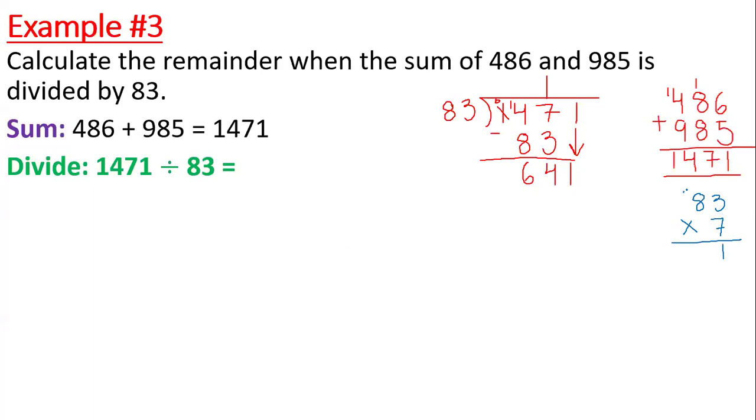Put the 1 down, put the 2 up. 8 times 7 is? 56. Very good. 56 plus 2 is 58. 5, 8.